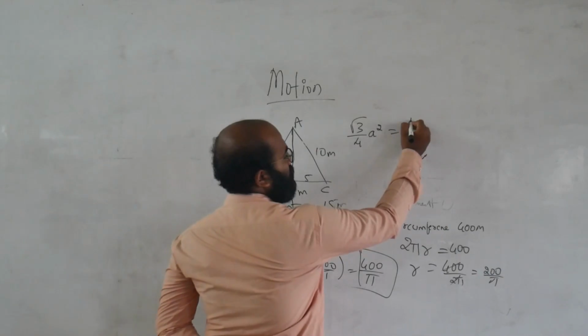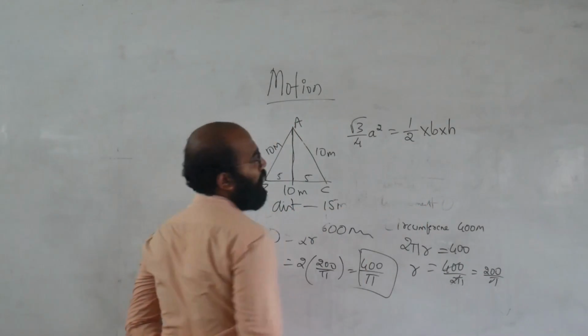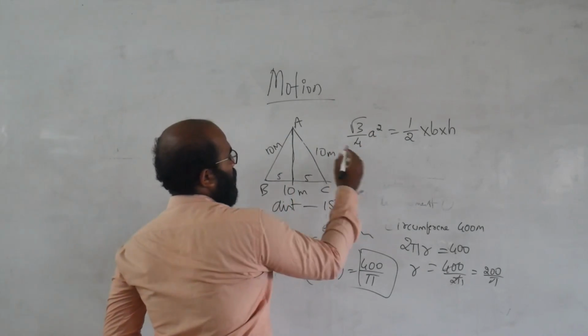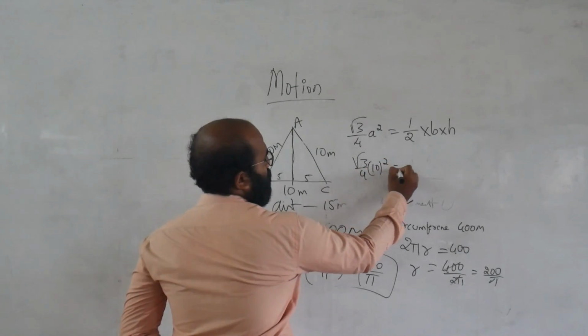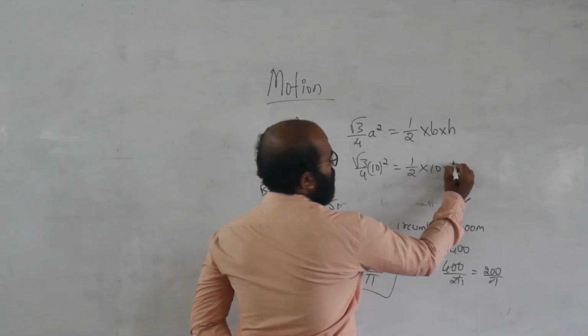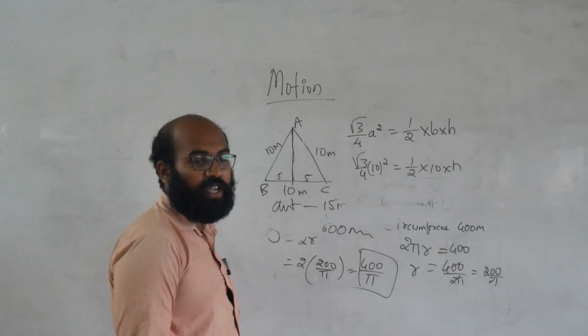This is also equal to half into base into height. I know what a is. A is 10. So root 3 by 4 into 10 square is equal to half into base, which is 10. So I need to find out what the height is. You can do the simplification.